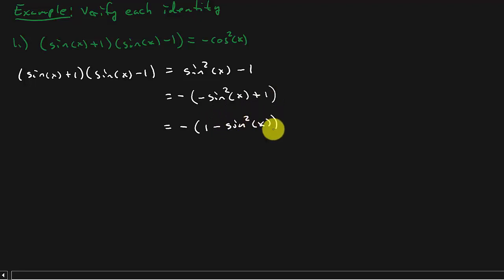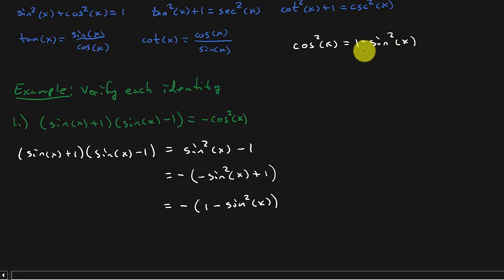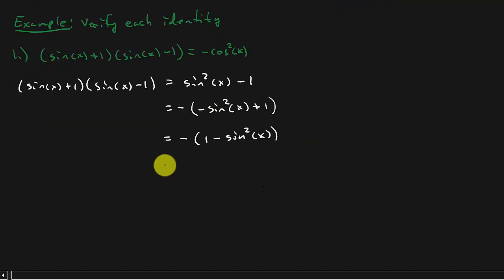You see that? 1 minus sine squared x. Well, what is 1 minus sine squared x? We can see 1 minus sine squared is cosine squared. So I've got the negative here, and then the 1 minus sine squared I'm going to replace with cosine squared. And there your identity is verified.